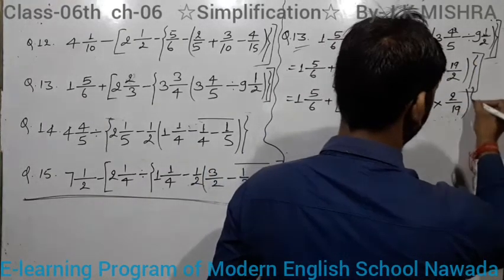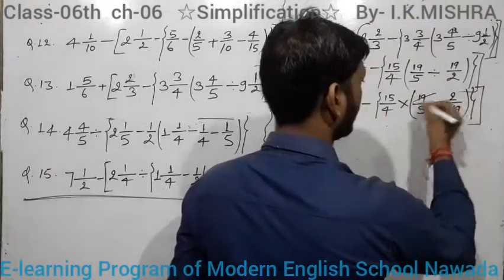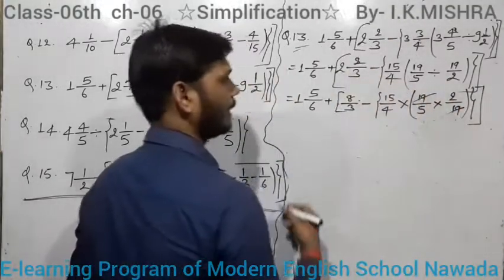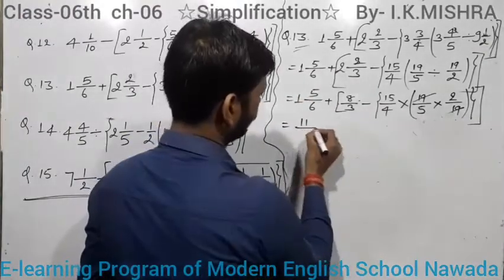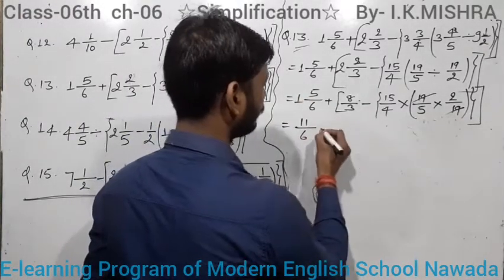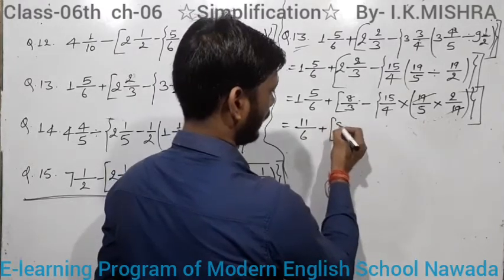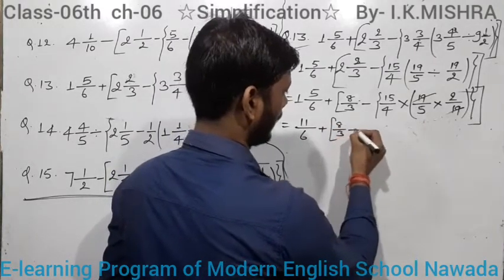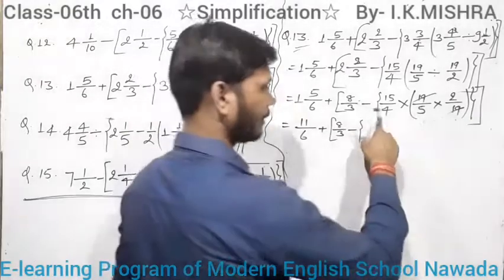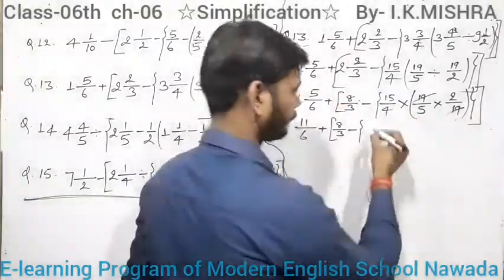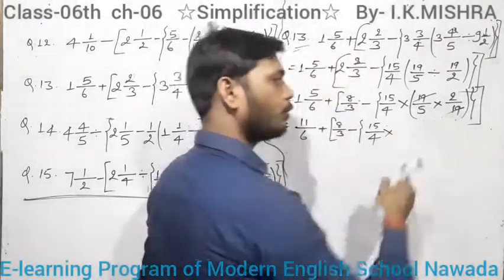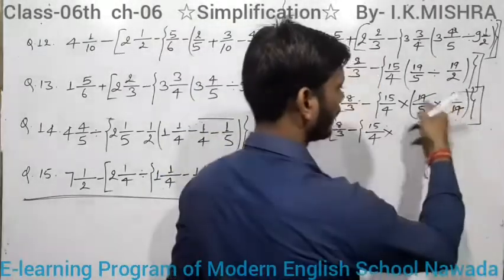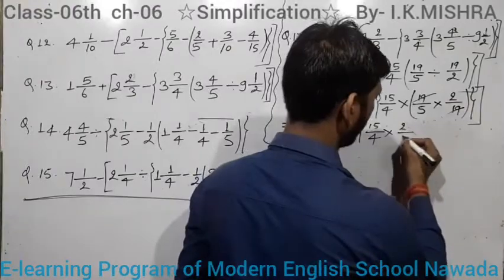And students, here 19 we cancelled, and after that you can also change it into 11 by 6 plus 8 by 3 minus, students, 15 by 4 multiplication, and when you simplify it, 2 by 5.